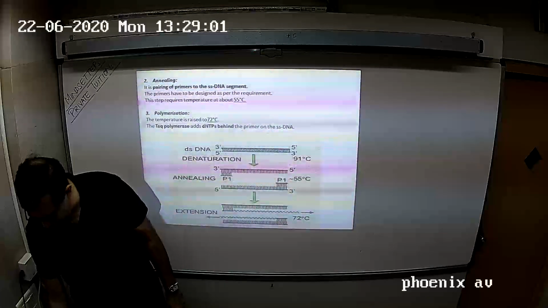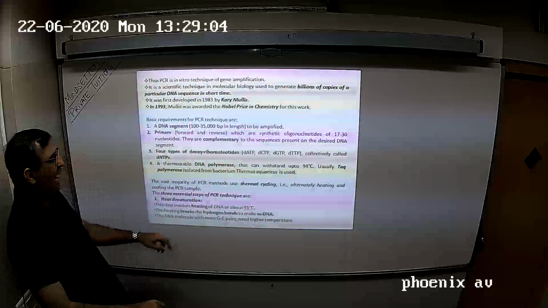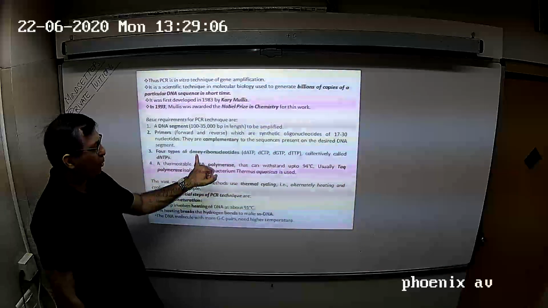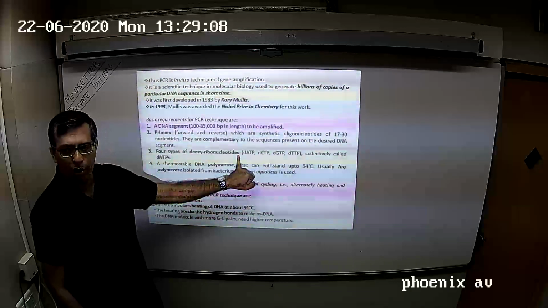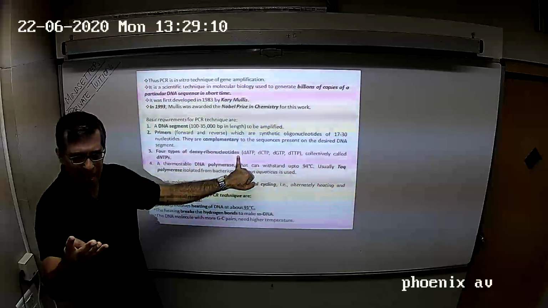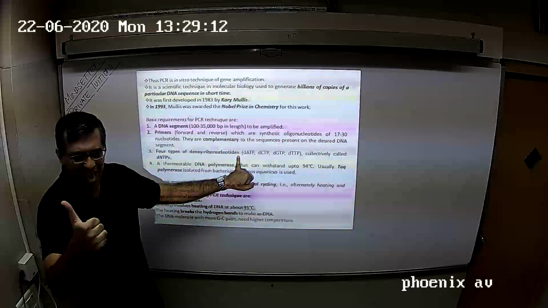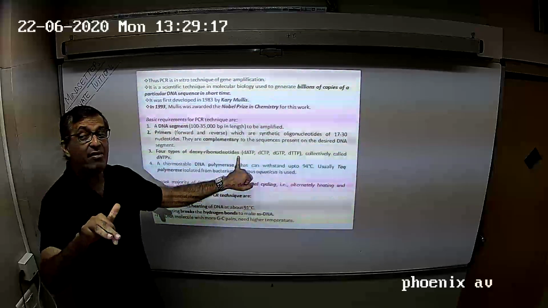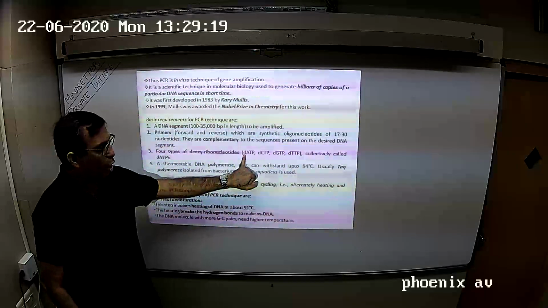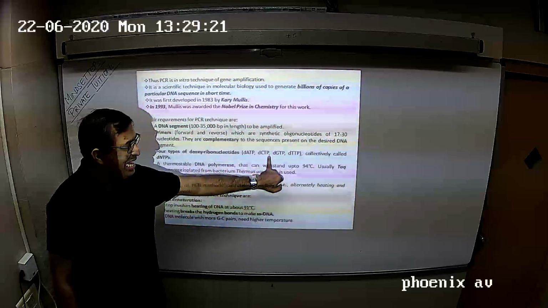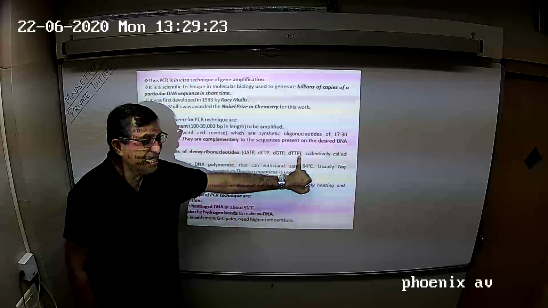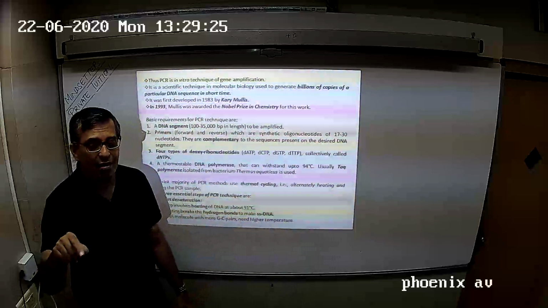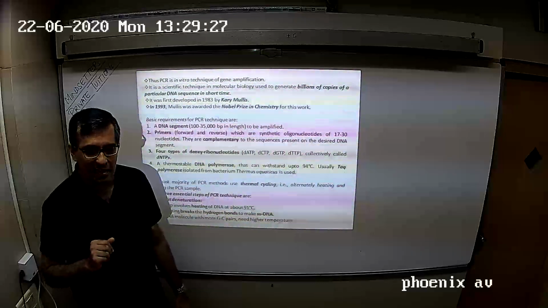And these primer molecules are put inside, and then we put 4 types of deoxyribonucleotides: adenine, guanine, cytosine and thymine, but in activated form. So we put dATP, dCTP, dGTP and dTTP. If you remember, who activates them? Phosphorylase.